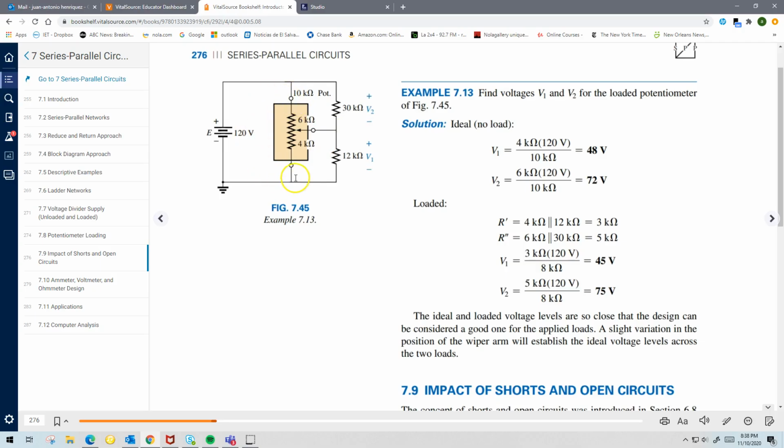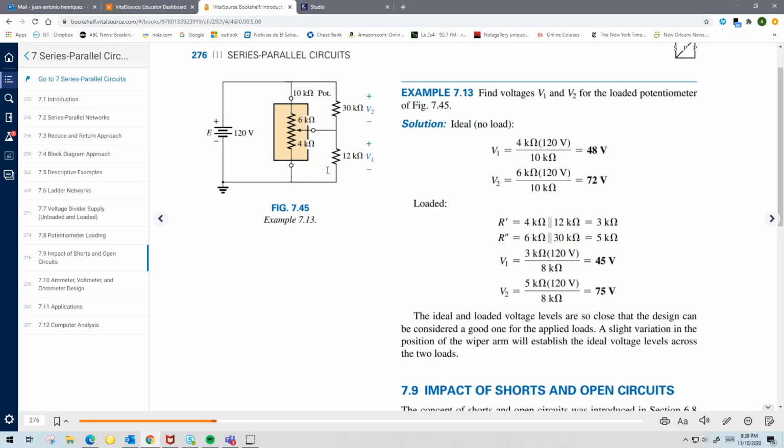From here to here is 10K. So whenever you set the dial, the total resistance is not going to change, but the values at the top and the bottom of that resistor are going to change, and you get two different values. In this case, it's set up so that you have 6 at the top, 4 at the bottom.